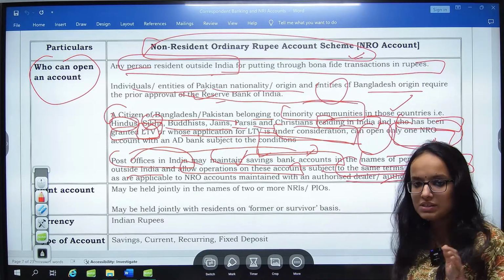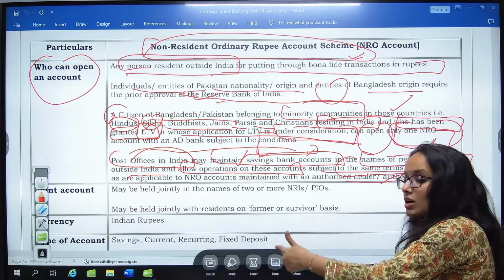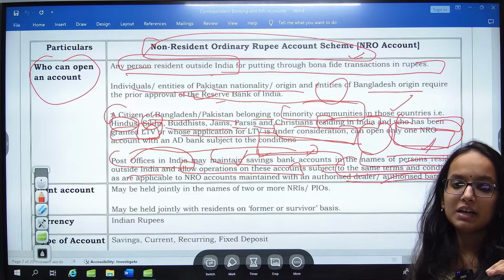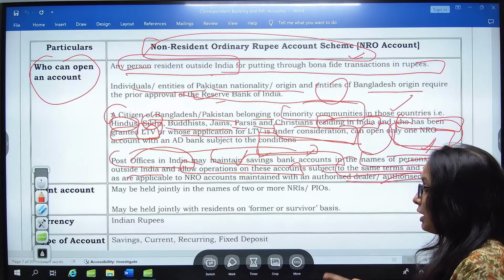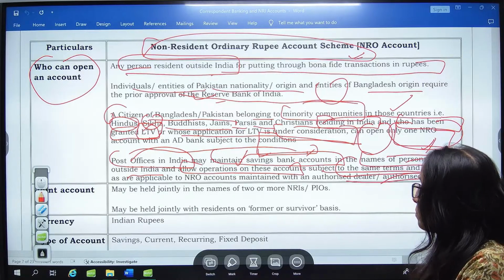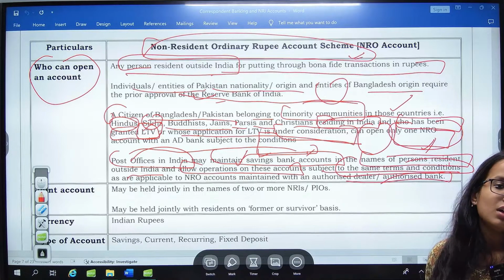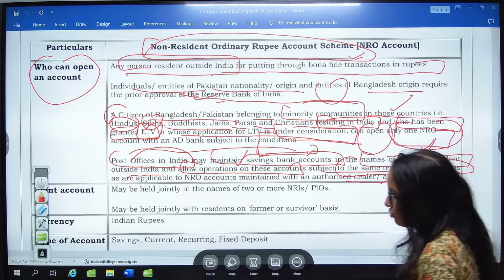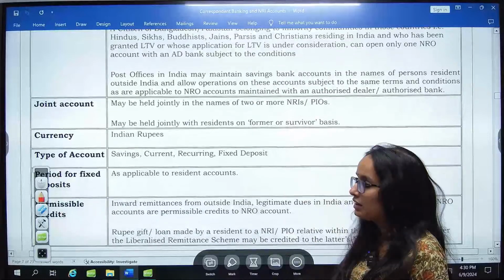Terms and conditions would be the same as are applicable for the NRO account maintained by the banks. So terms and conditions will be similar as in the case if you open the account with the bank, but post offices in India can also open the NRO account, non-resident ordinary account. Is that clear? Right? So this is important information. You should remember it. Now, can there be a joint account facility here?